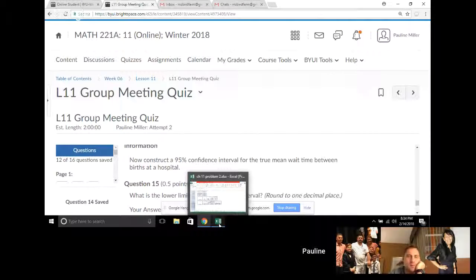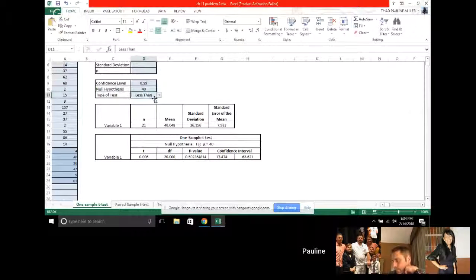So this one we just do the formula from the first lesson in the week, right? For the next one, if I understand it right, Moses, you're just going to go up here and change the confidence level from 0.99 to 0.95.